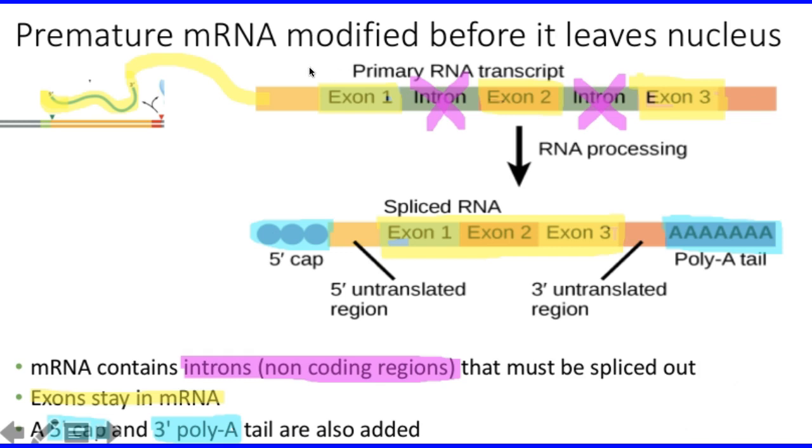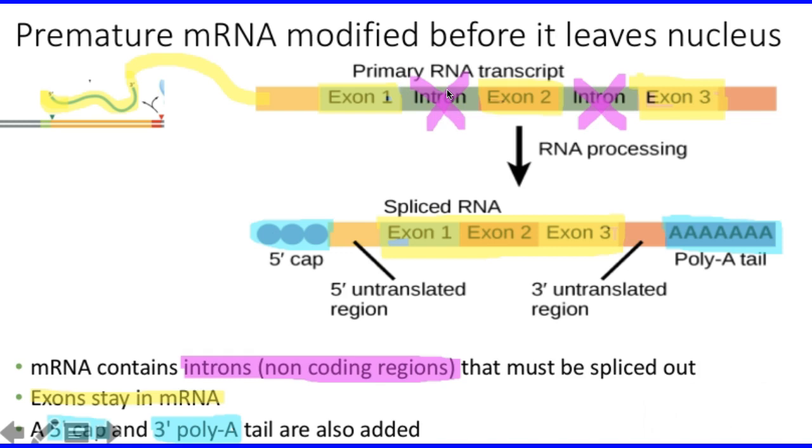What happens is there's actually exon portions and intron portions, okay? The exon portions are the portions that have expressed gene information. That is why we're going to keep those expressed segments, and we're going to get rid of our intron segments. Our intron segments are non-coding sequences, so we don't need them.